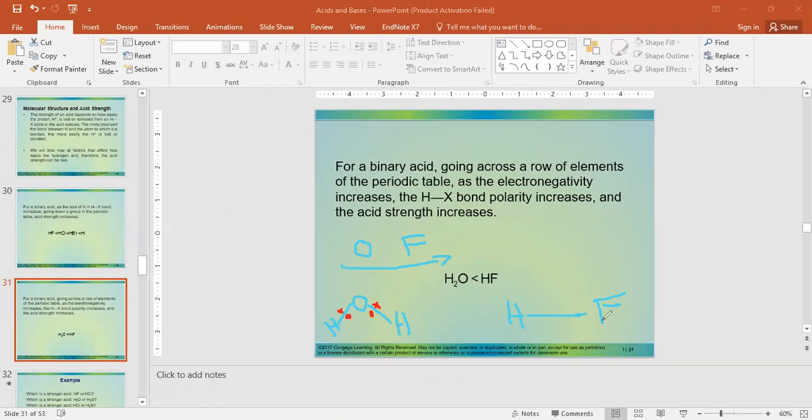Closer to the oxygen, but in this one, it is even closer to the fluorine, isn't it? Because it is more electronegative. So you would expect it to be even closer here, meaning that this one is almost losing hope. When it is almost losing hope, it means that it is almost forming a free hydrogen ion, and that makes this one an easier compound to lose the proton, and that is why it is a stronger acid than water.